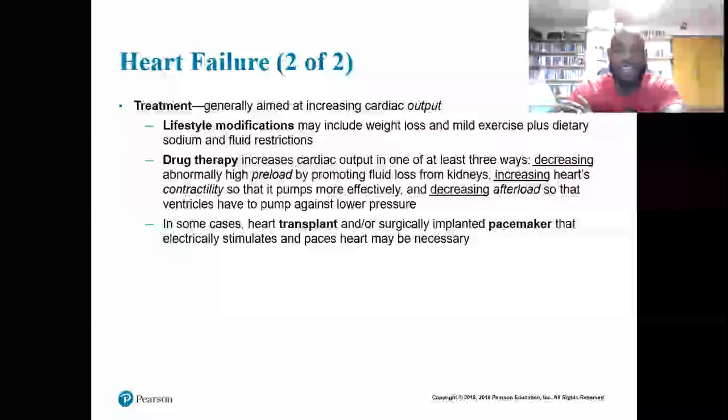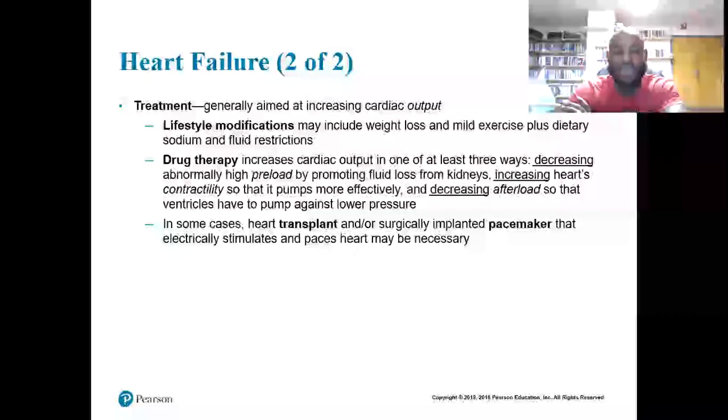That's usually kidney failure, but that can sometimes be related to heart failure. And in some cases, you need a heart transplant or a pacemaker installed. So there's obviously a lot of medicine around the heart, because it is such a vital organ. And when it starts to fail, usually that's a bad sign.